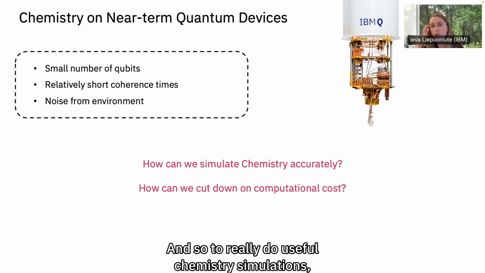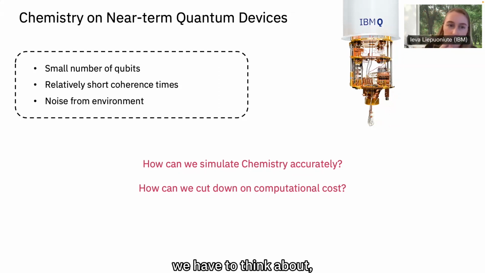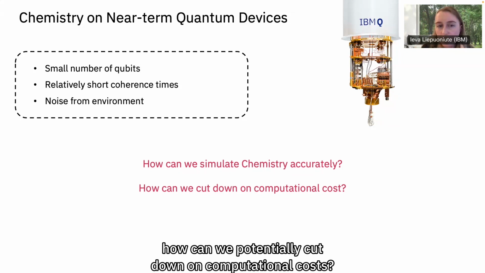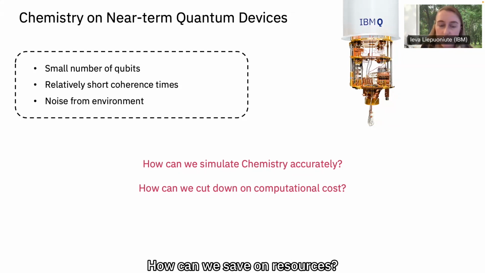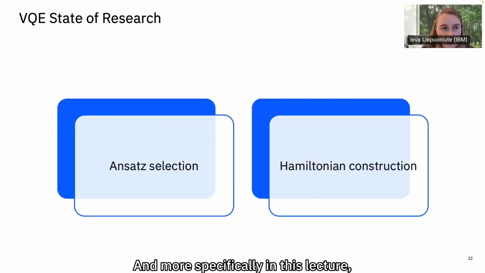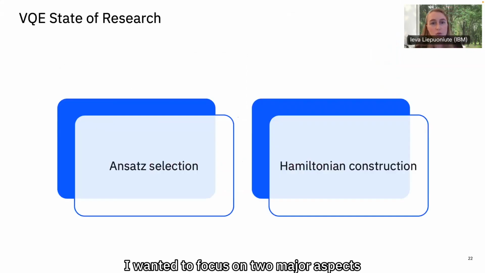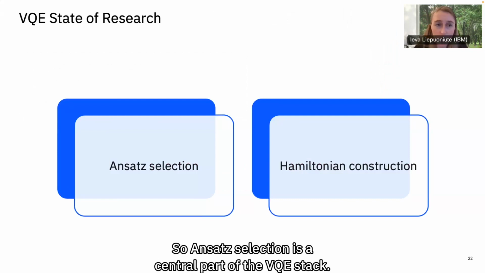And so to really do useful chemistry simulations, we have to think about how we can potentially cut down on computational costs. How can we save on resources? And more specifically, in this lecture, I wanted to focus on two major aspects that people do a lot of research on, and that is our Ansatz selection and our Hamiltonian construction. So Ansatz selection is a central part of the VQE stack.